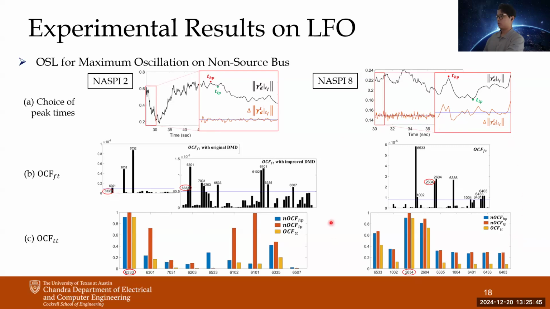And you can see that in the right case there's a similar result to the left case. The source bus 2634 did not have a sufficiently large OCF active value, but by analyzing the OCF-TT, we can get the accurate oscillation source result.